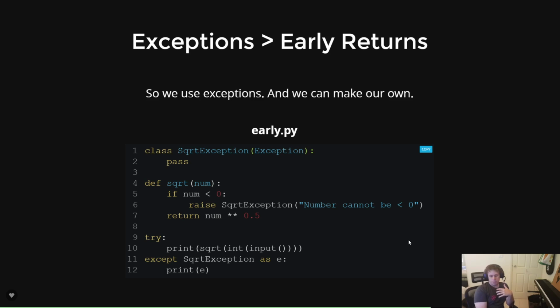That is not very Pythonic. In general, a Pythonic approach is to use exceptions to denote errors. So if something ever goes wrong in a function, you shouldn't notify someone it went wrong by returning a different value. You should notify them by throwing an exception and expecting them to catch it.